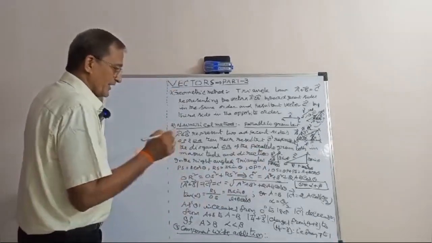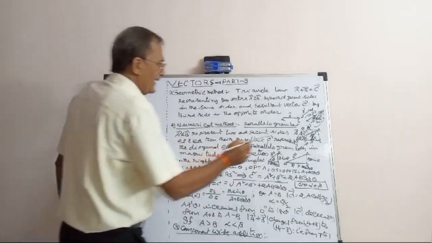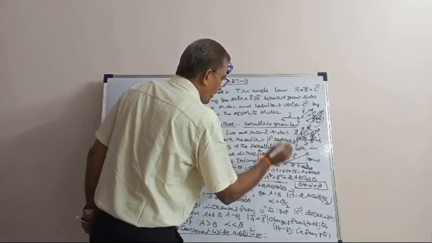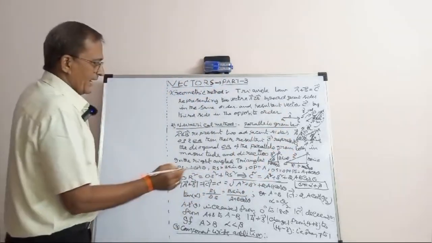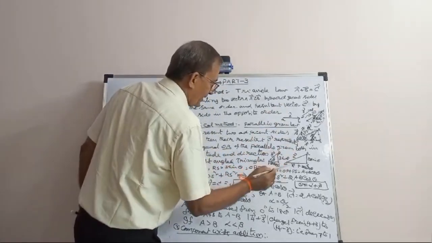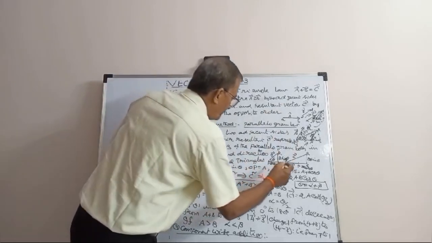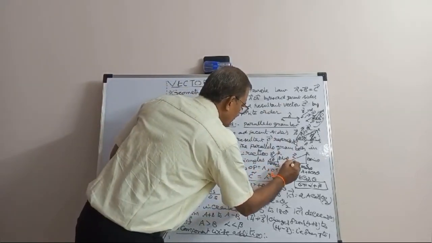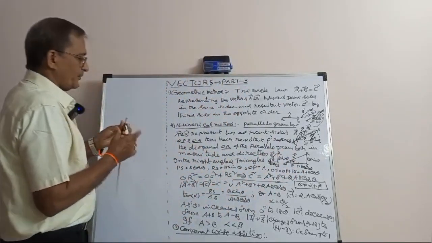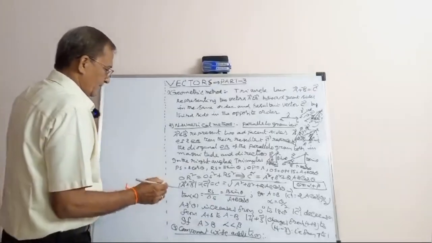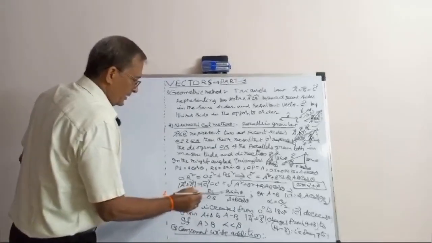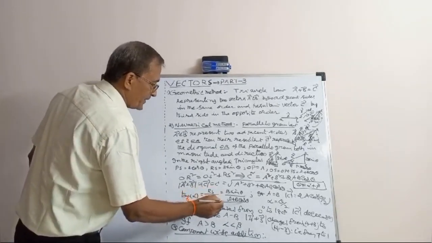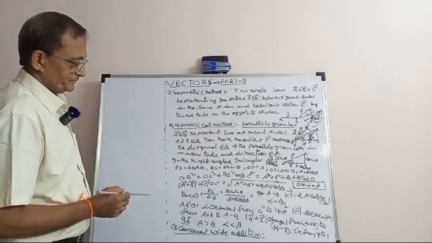And similarly about the direction, the angle made by the resultant vector with A bar is alpha. From this big right angle triangle, this angle is alpha. And tan alpha is opposite side by adjacent side, which is RS by OS, which is B sin theta by A plus B cos theta.